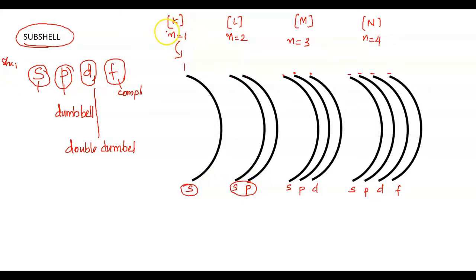The number n represents the number of subshells, and this subshell arrangement is based on energy. Okay, so S, P, D and F. You can see here S, SP, SPD, SPDF.